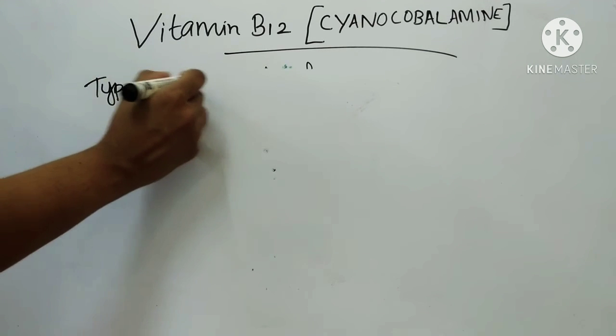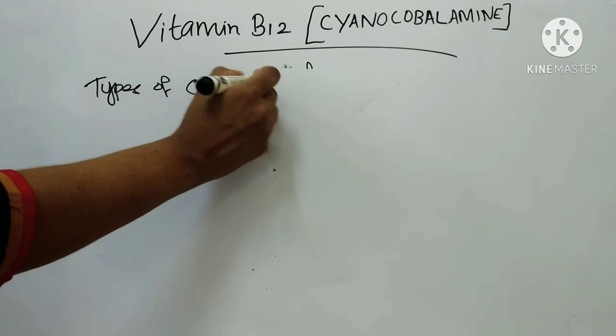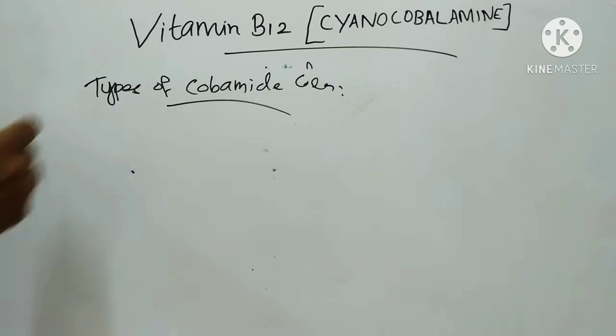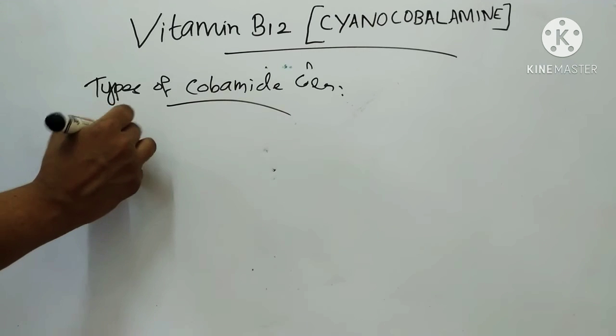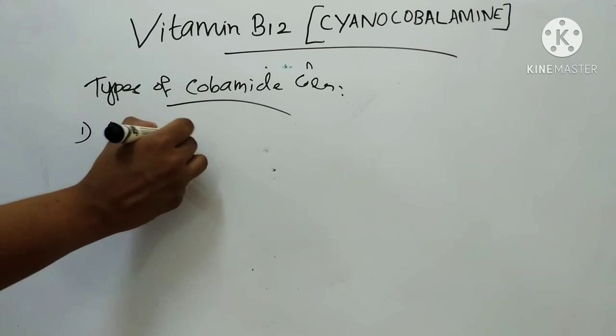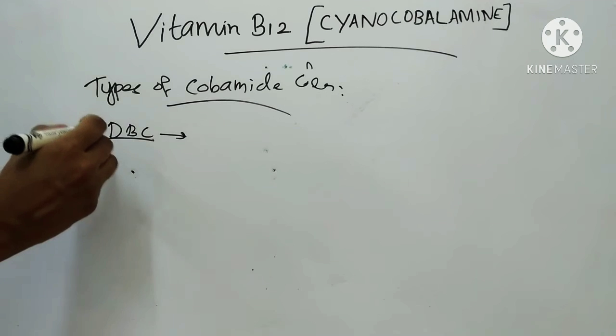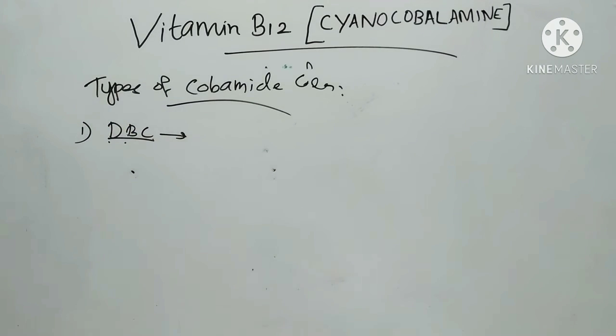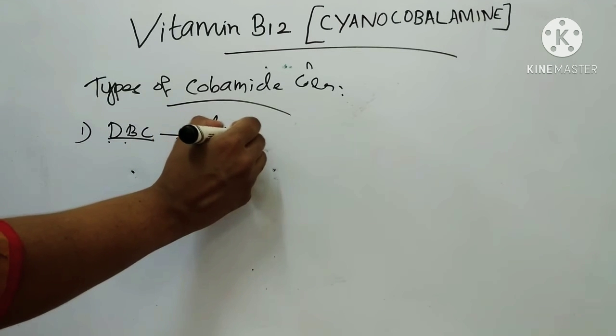Types of cobamide coenzymes. Four types are there. First one is DBC, which contains 5,6-dimethyl benzimidazole. It is called dimethyl benzimidazole cobamide.